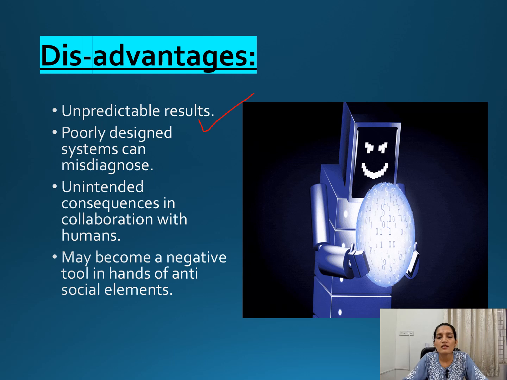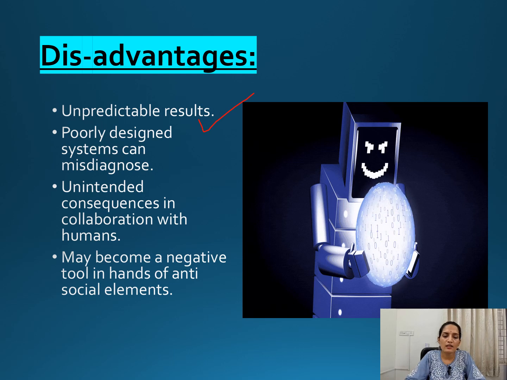As the results are completely unpredictable, you cannot say that yes, this task can be 100% done with such and such machine. So this is just the beginning of innovation, and it will eventually take time to set all the things right.